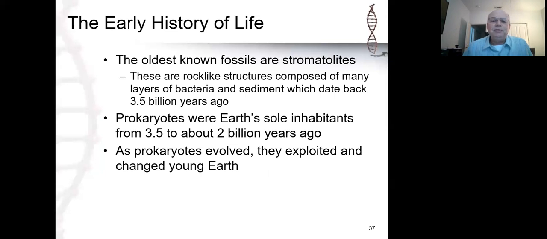So the first thing that we recognize from the fossil record is that the earliest history of life, and for the longest time period during the history of life, life was present as purely prokaryotic cells.